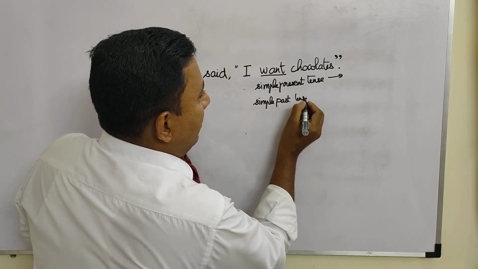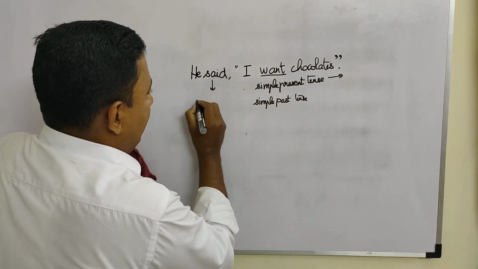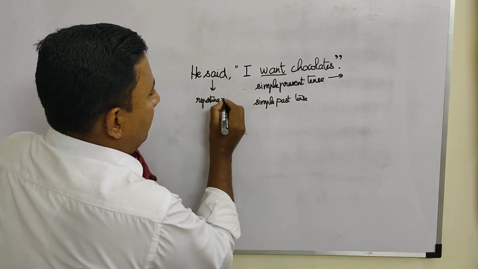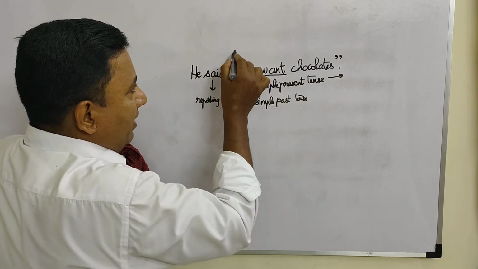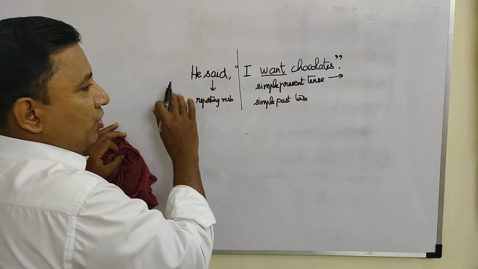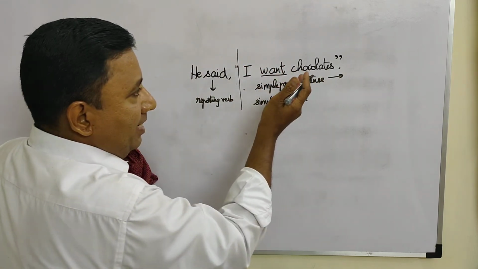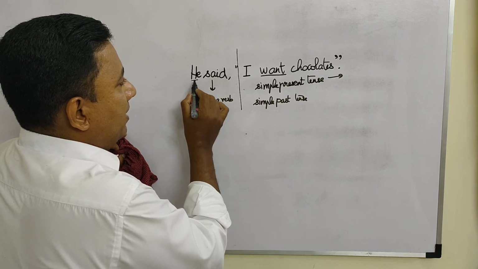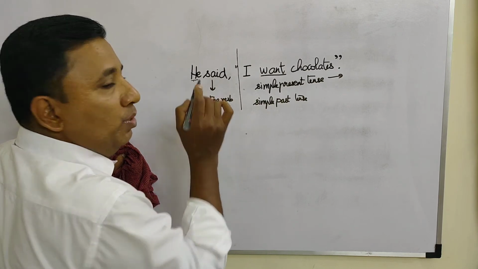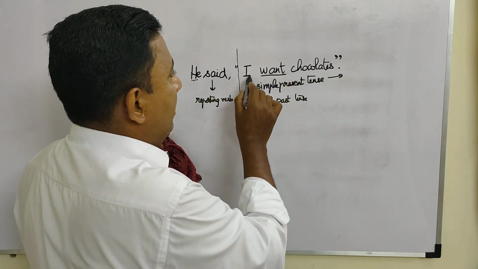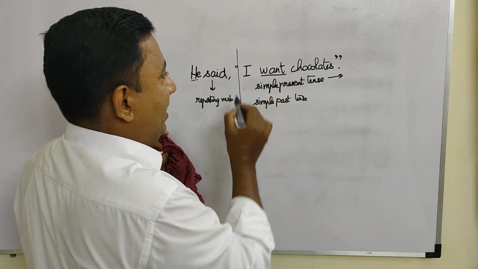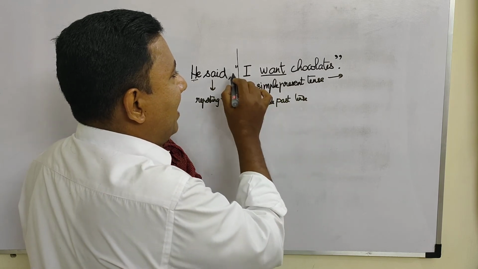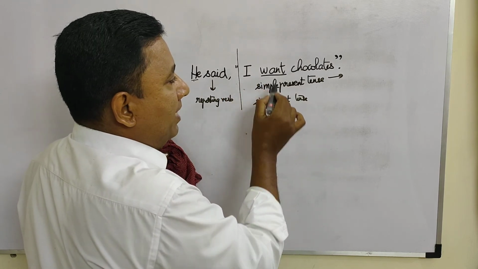This is the reporting verb. I divide this into two: first section and second section. He is only one person. Here we have the subject, I. When we change into indirect speech, you must add that, and this want becomes wanted.